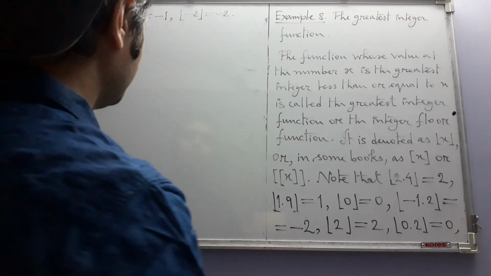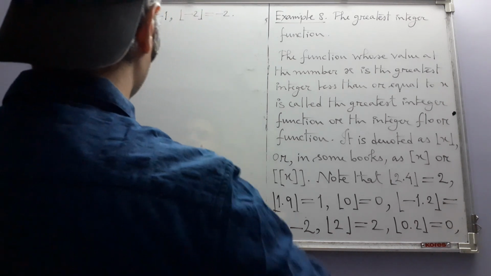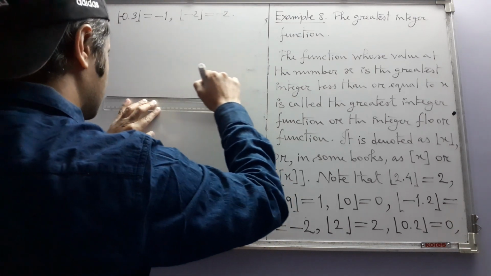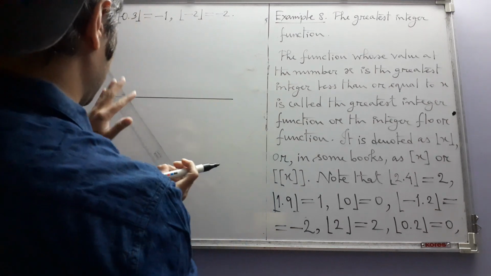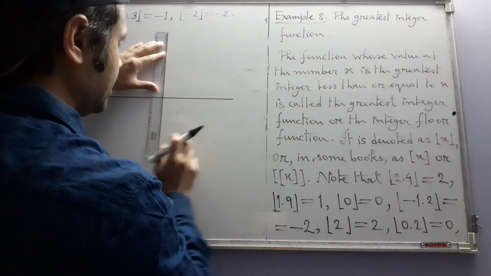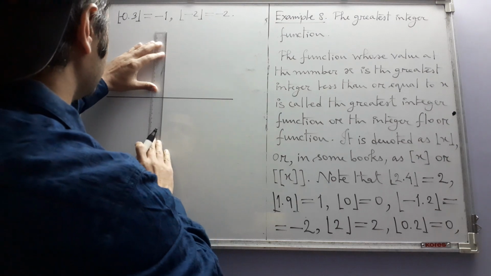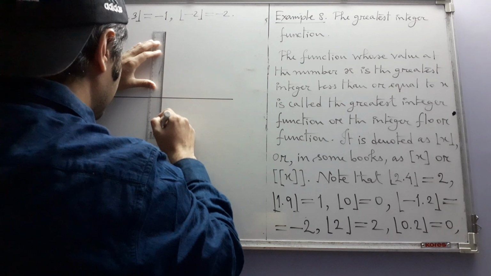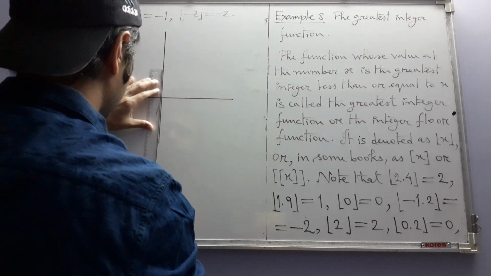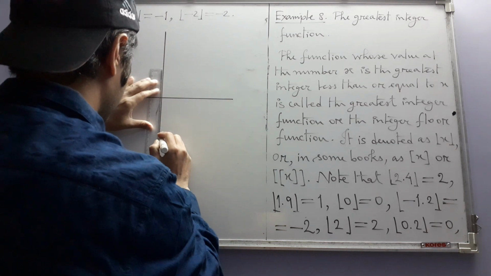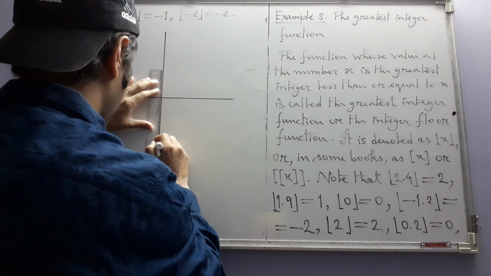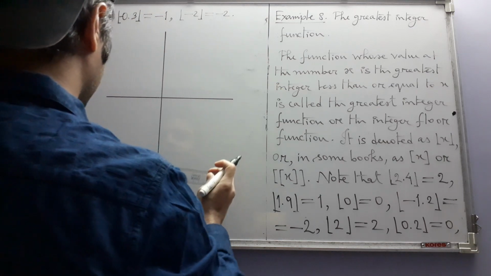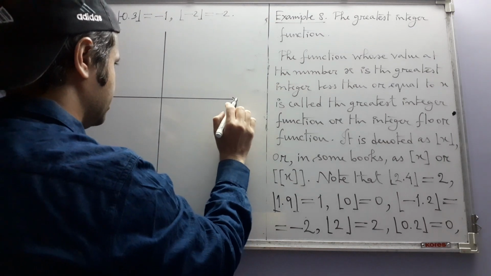Now, what sort of graph can you have in this case, and why is it a piecewise defined function? Because in the definition we don't see it as a piecewise defined function, but the graph will tell you, once you draw it, that it actually is. Should I make the x-axis a little long? I don't think I need that.